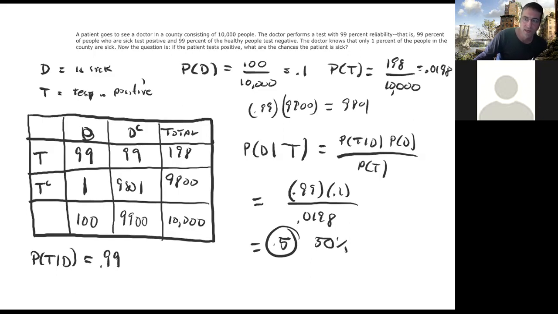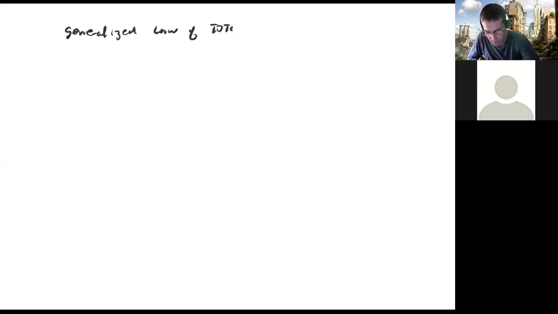What I'd like to do next is to generalize Bayes' theorem to more than one event. Okay, so let me do that now. So first of all, we have the generalized law of total probability, which I'm going to explain now.